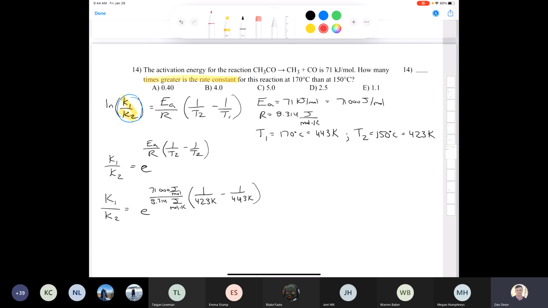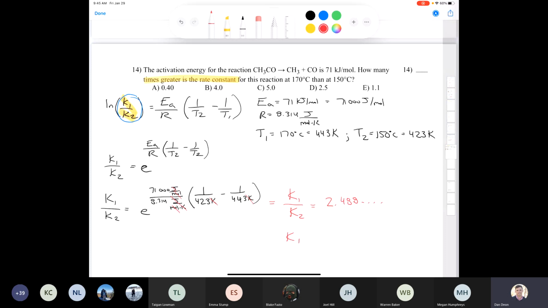Like that, you can see that all the units are going to cancel. Joules, moles, Kelvin cancel. And when you plug that into your calculator, it gives you a number that's like 2.488, with all kinds of digits after that.